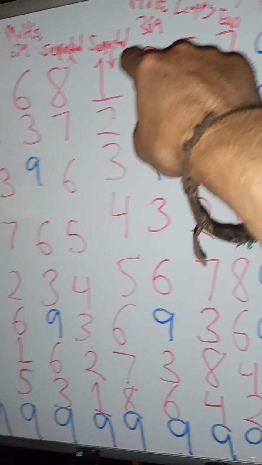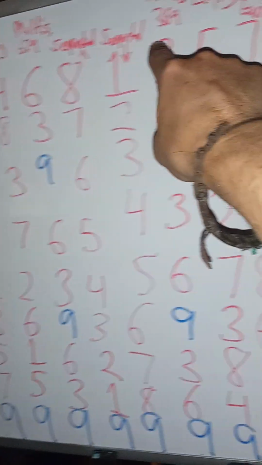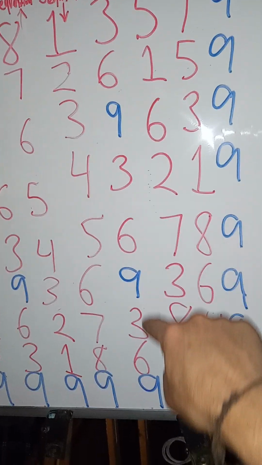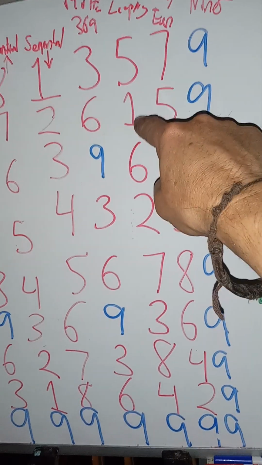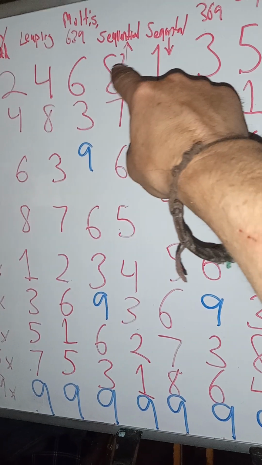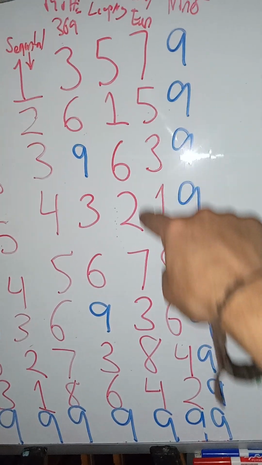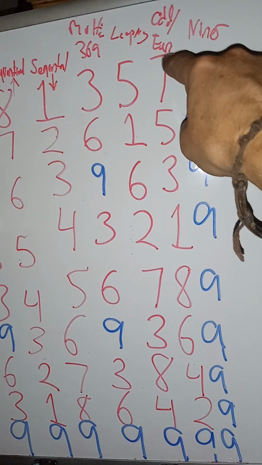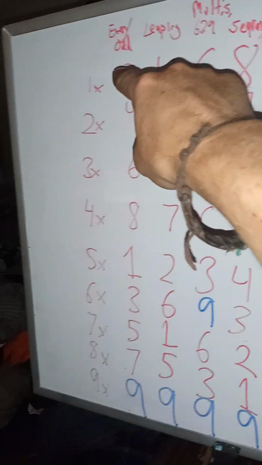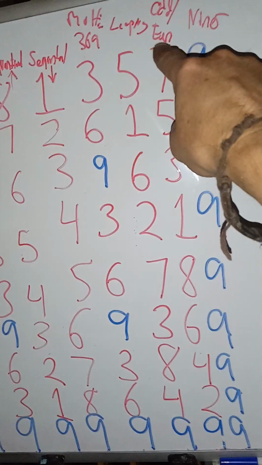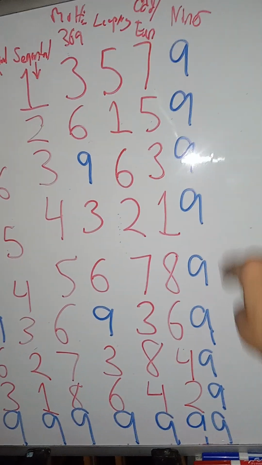Multiples of 3, 6, 9. The reverse of this, 3, 6, 9, 3, 6, 9. Leaping, these are the reverse of these leaping numbers. These are the odds and evens instead of the evens and odds. The odds, and then these are the nines.